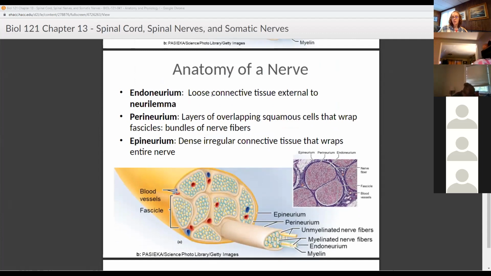The endoneurium is the outer coating of the myelin around each individual axon.